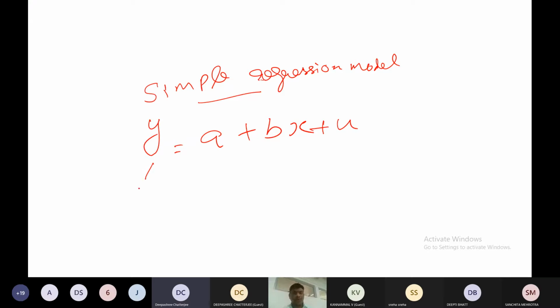So this is the dependent variable. And how many independent variables? This is the independent variable. Please try to understand. This is dependent and that is independent.